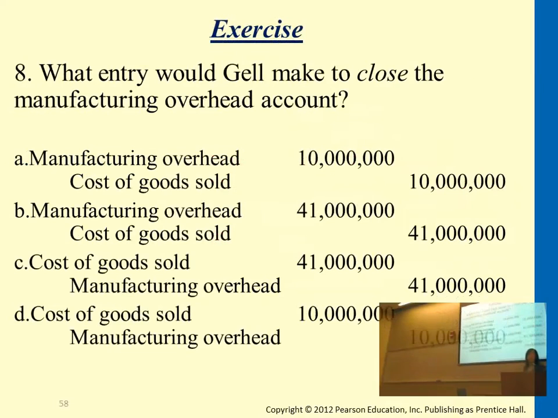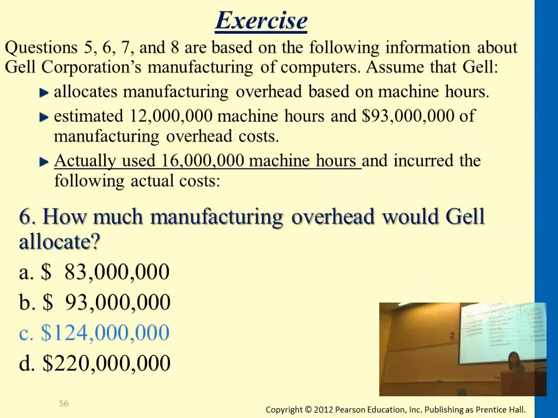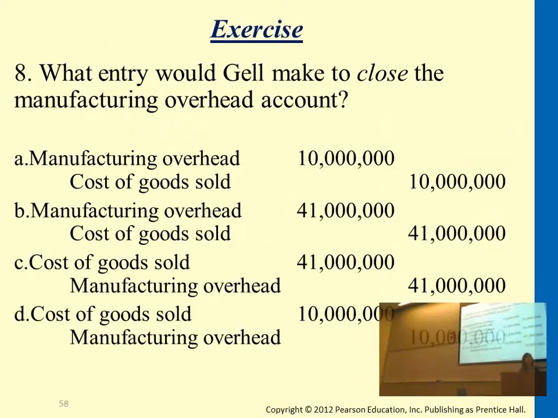If we were to close a manufacturing overhead account, meaning we want to determine whether there's over-allocation or under-allocation, how would we journalize this? The actual number is 83, and we did an estimation worth 124. So right now you have 124 here. What would be the closing entry?